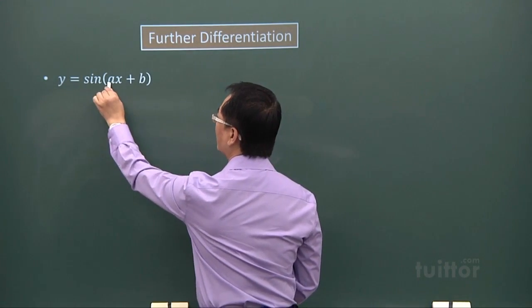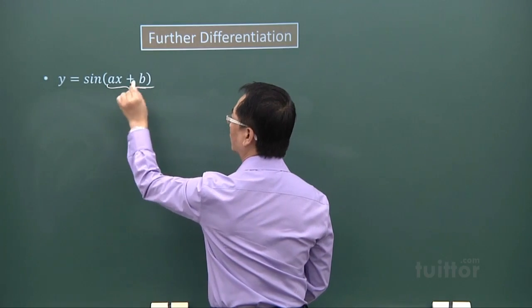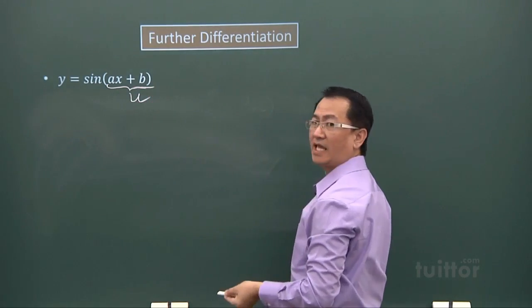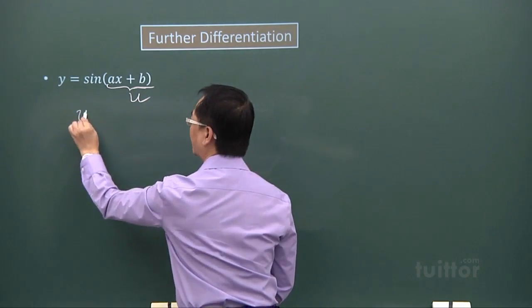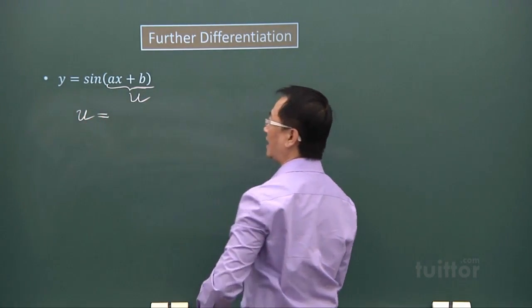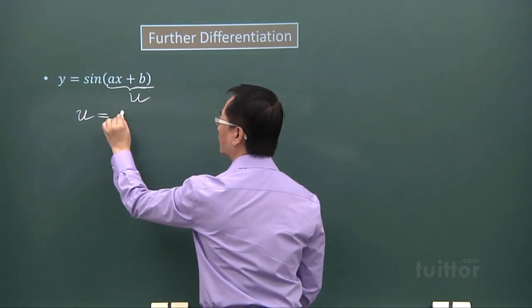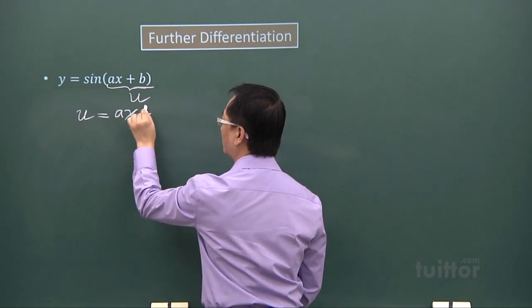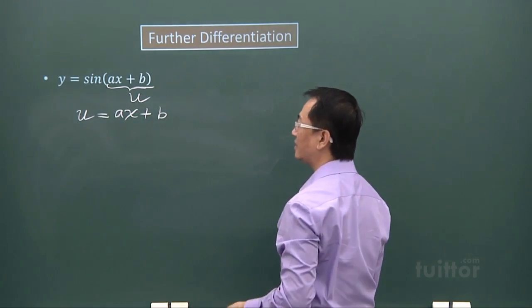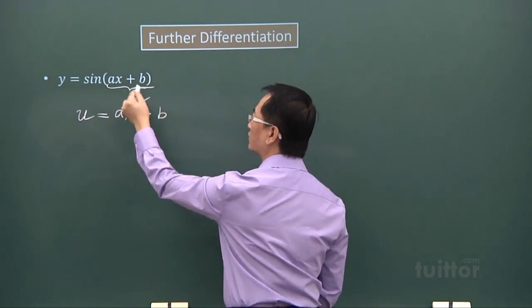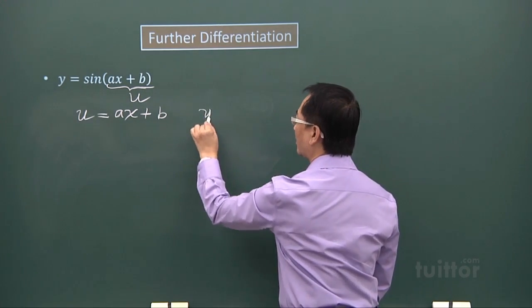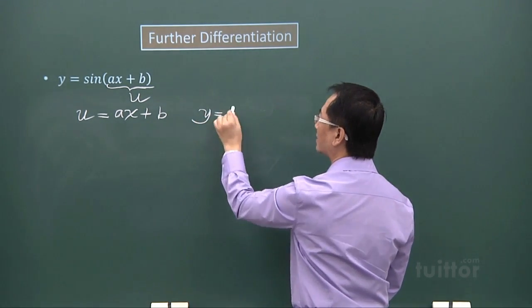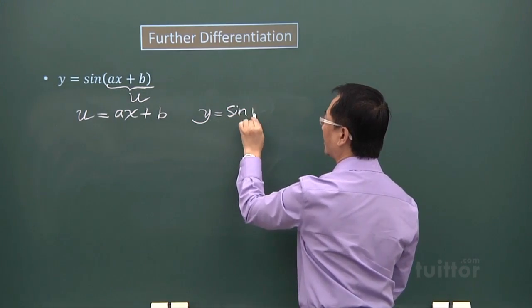Now, if I let this be u, and u can be rewritten in terms of x. So you have ax plus b. Now, if u is to replace ax plus b, then y will be sine u.